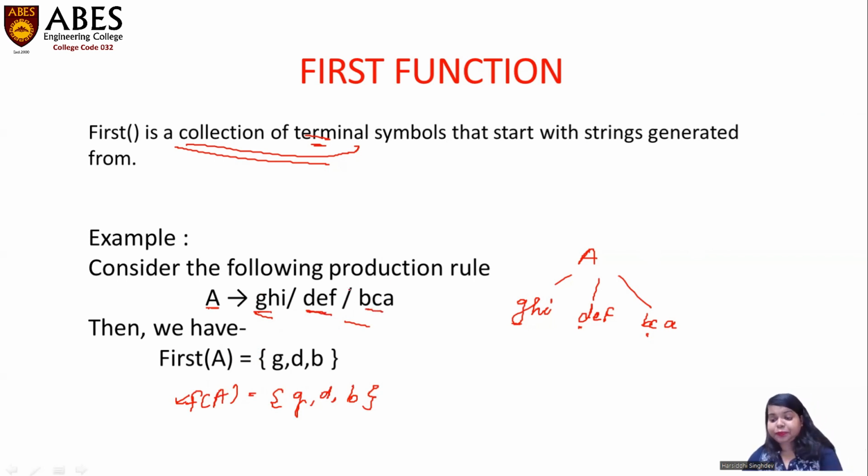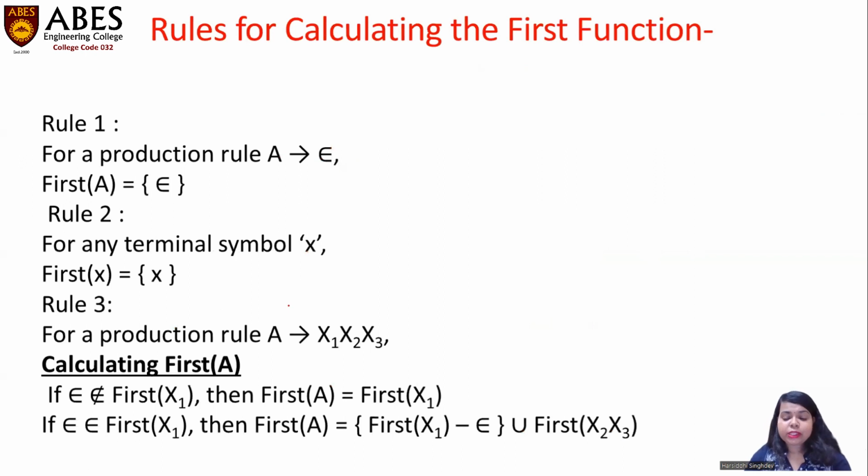Now we see the rules of different cases for calculating the first function. This is our first rule. Here A tends to epsilon, that is a null production or a null string. Here we can simply say that the first of A will be epsilon.